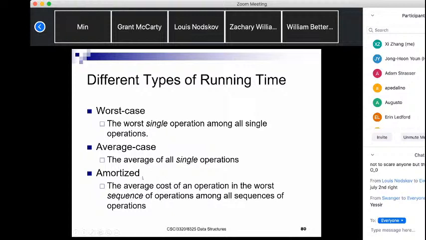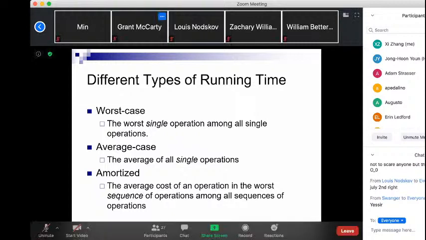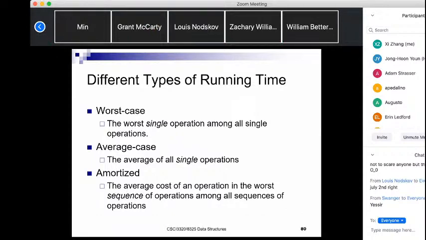Amortized complexity is the average cost of an operation in the worst sequence of operations. So you have m operations, and what will be the worst case complexity for a sequence of m operations, for example. So instead of a single operation, we group a number of operations, and that group can be bounded by some equation.